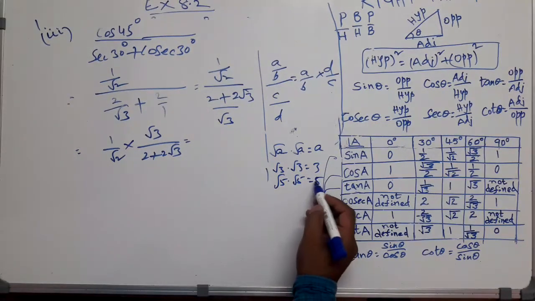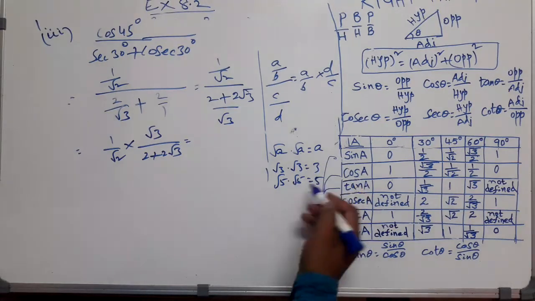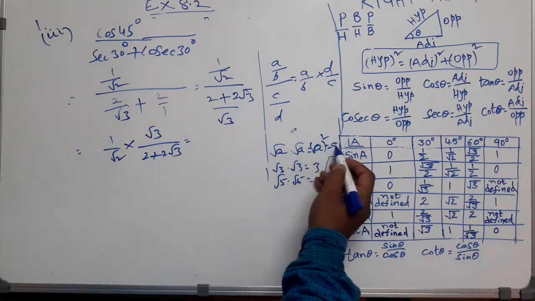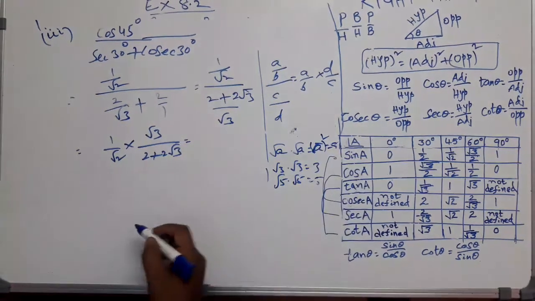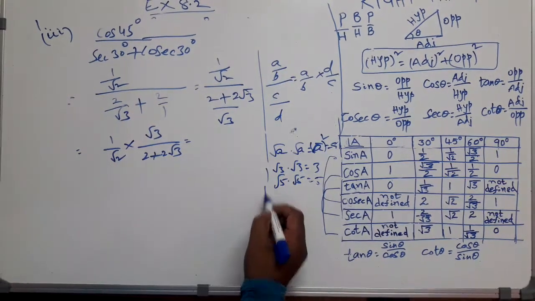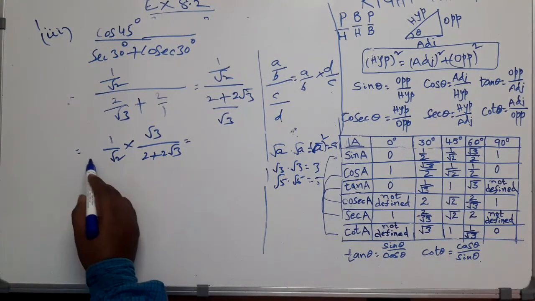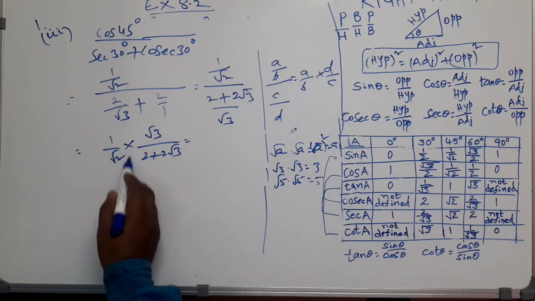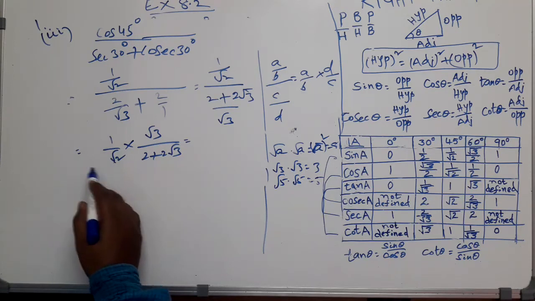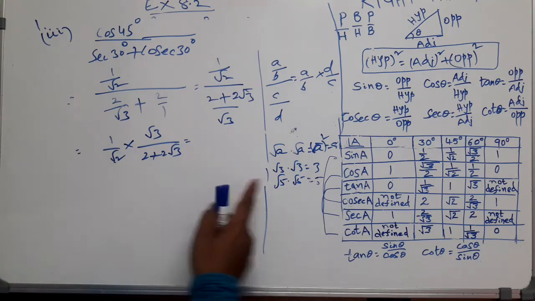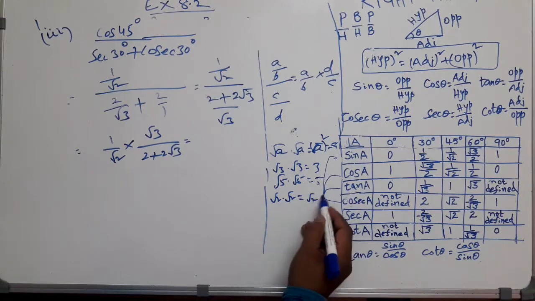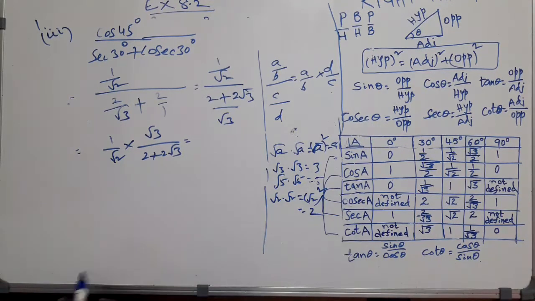That is root 5 whole square, root 3 whole square, that is 3, and in the same way this is root A whole square, that is A. Is it not? So I have got an idea. If I can have root 2 here multiplying this root 2, I can make it 2. Root 2 multiplied by root 2 can be written as root 2 whole square, so that is 2.